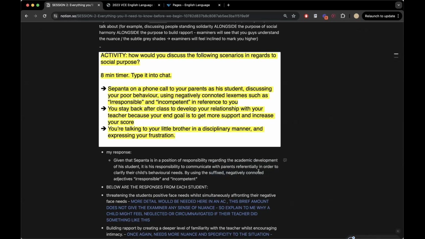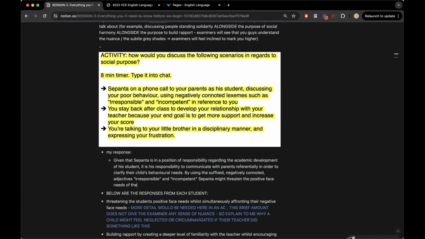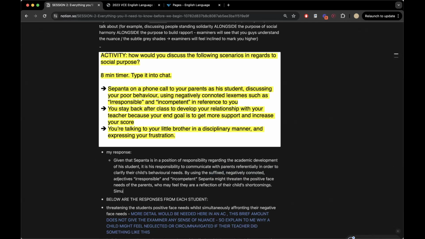Irresponsible and incompetent, never negatively connotated adjectives. Sapanta might simultaneously threaten the positive face needs of the parents who may feel they are a reflection of their child's shortcomings. Full stop.